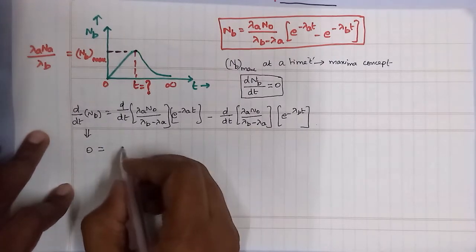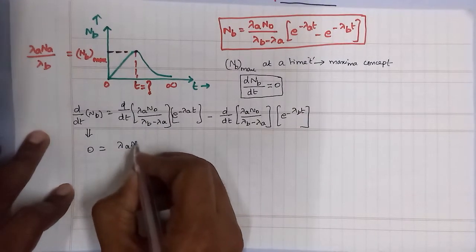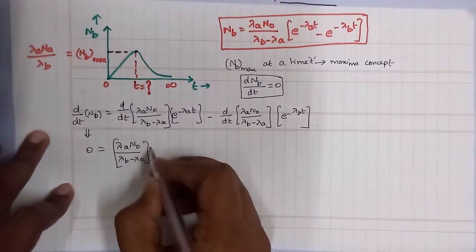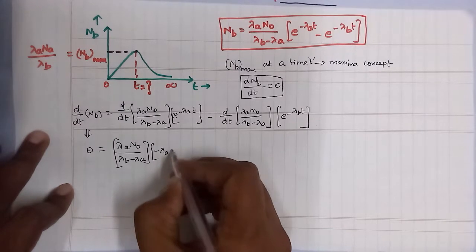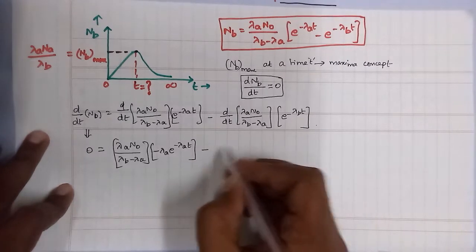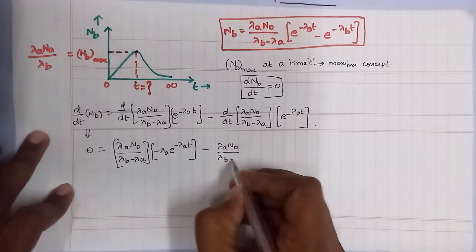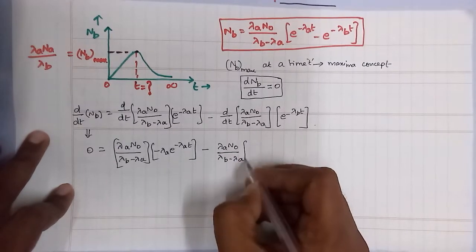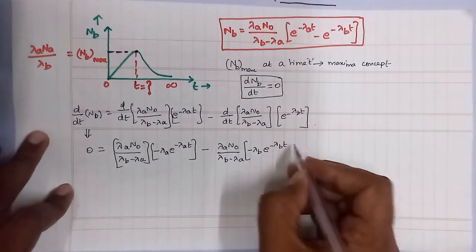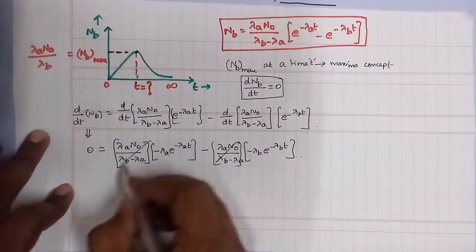Then when you do the differentiation, you will get lambda A N naught by lambda B minus lambda A into minus lambda A e power minus lambda A t, minus lambda A N naught by lambda B minus lambda A into minus lambda B e power minus lambda B t, and these two get cancelled.